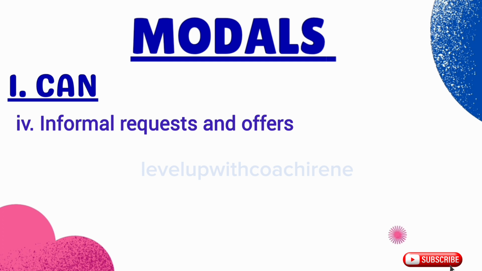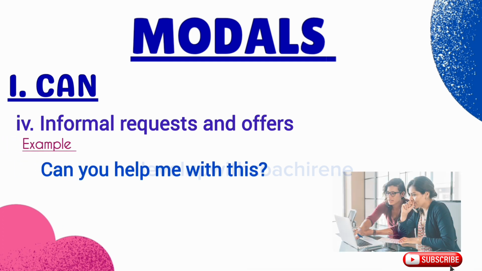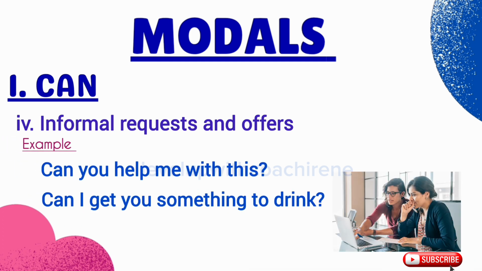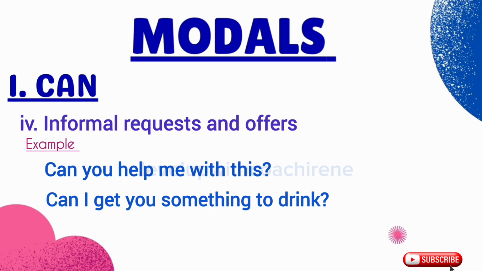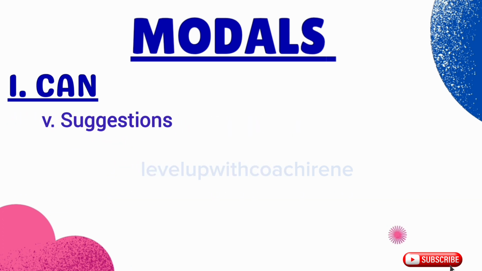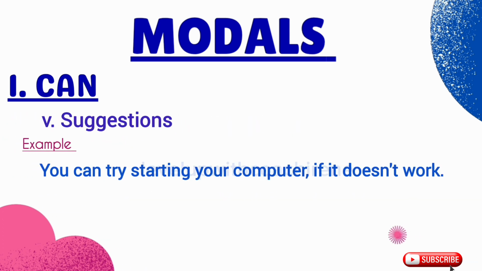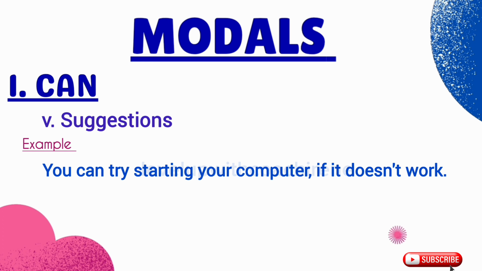Number four, can is used to ask informal requests and offers. For example, can you help me with this? Can I get you something to drink? It is also used for suggestions. For example, you can try restarting your computer if it doesn't work.